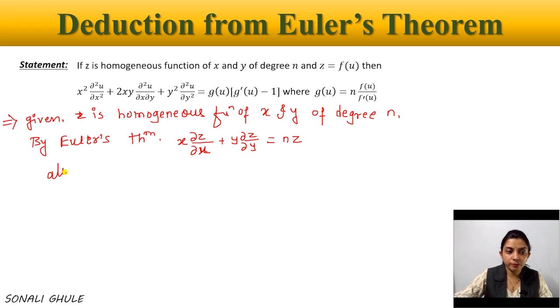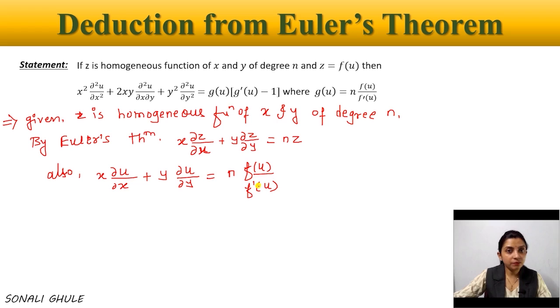Also, we have already proved, what we have proved, yes: x into ∂u/∂x plus y into ∂u/∂y is equal to n into f of u upon f dash of u.